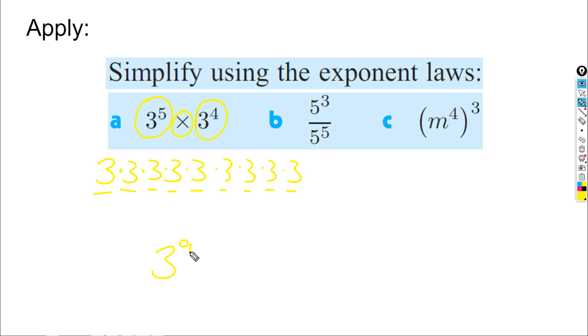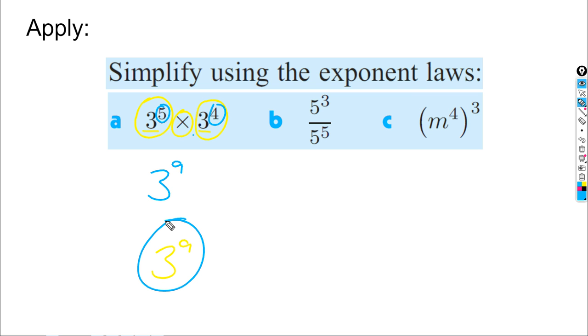Now you may remember from a previous math class, there is a shortcut or a rule or law that says when you have two powers getting multiplied and they have the same base, and in this case both of these have a base of 3, you can simply add the exponents. When I add my exponents of 5 and 4, 5 plus 4 gives us 9, so we have 3 to the 9th power, which is the same thing we had there.